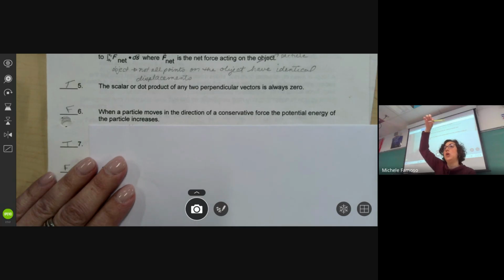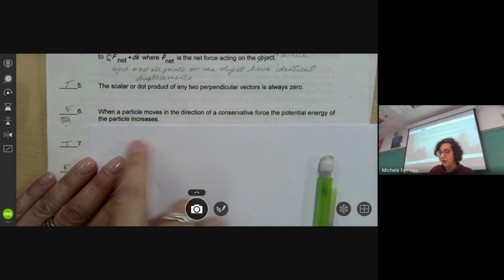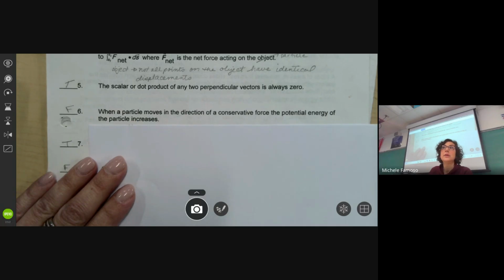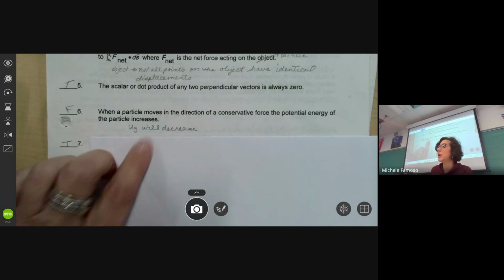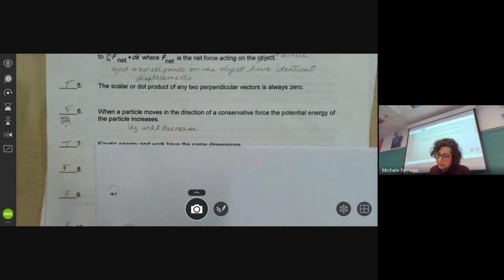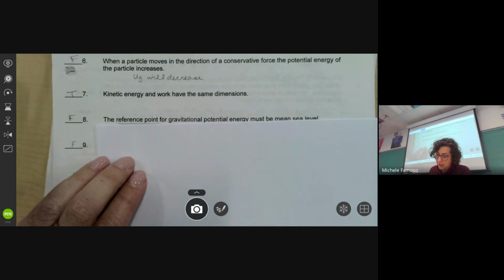So if this particle is moving with gravity, is the potential energy of that particle increasing? What is it doing? It's decreasing. There you go. It's going to decrease, not increase. That's why that's an incorrect statement. 7 is true.